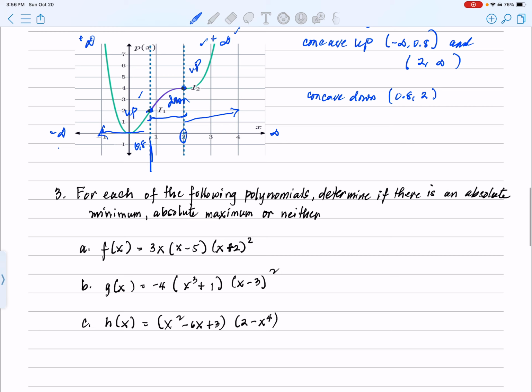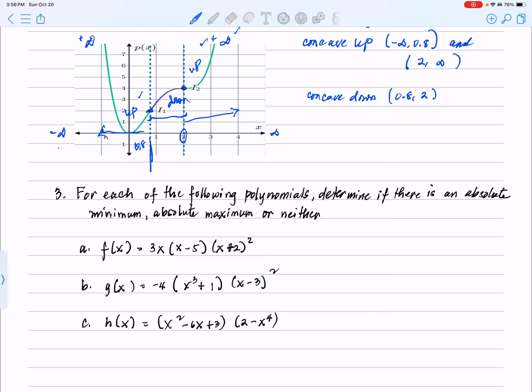3. For each of the following polynomials, determine if there is an absolute minimum, absolute maximum, or neither of that. We are talking about global extrema here. First, we need to know the leading coefficient or the degree. That's what is important there.